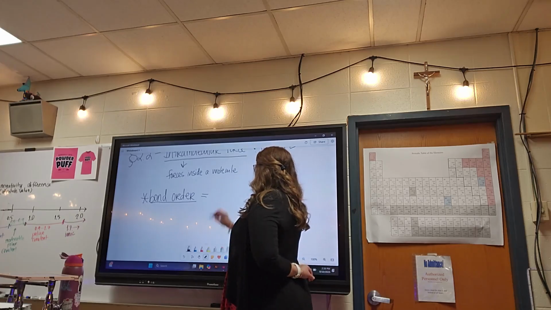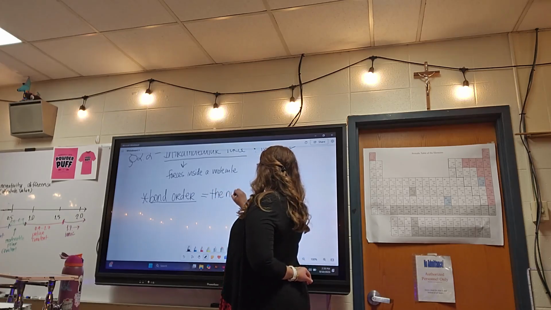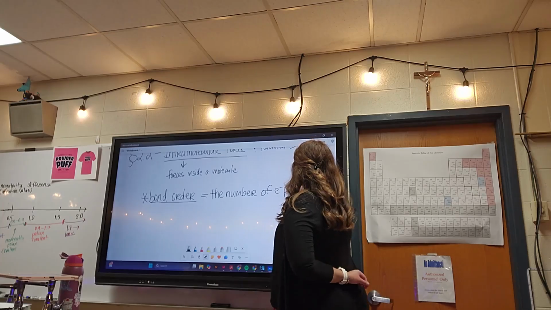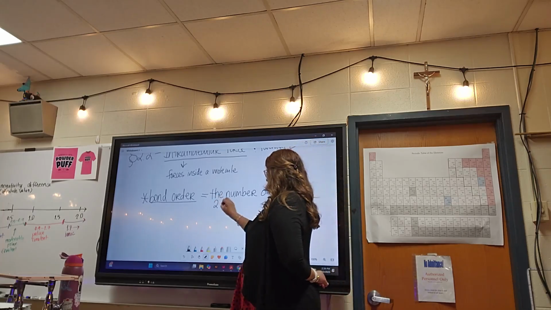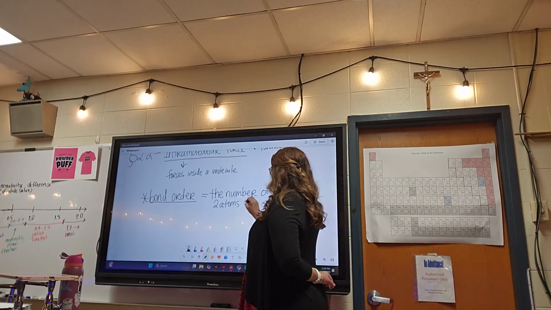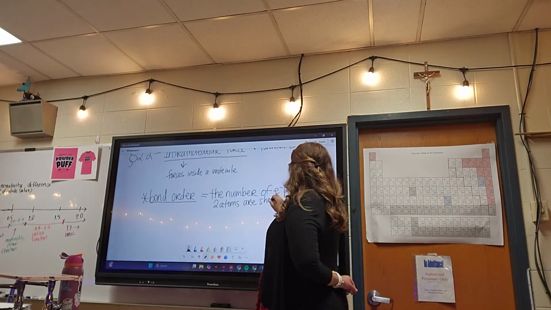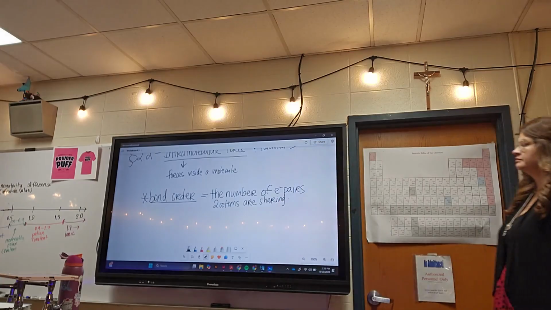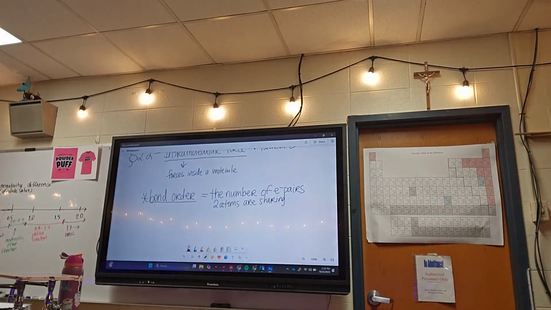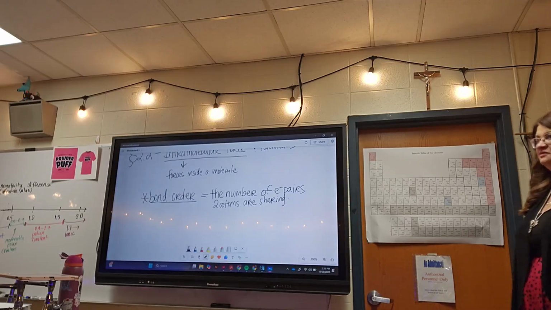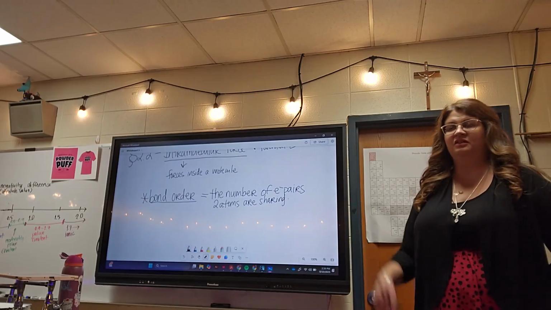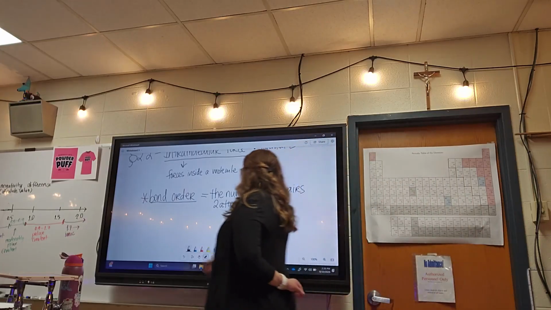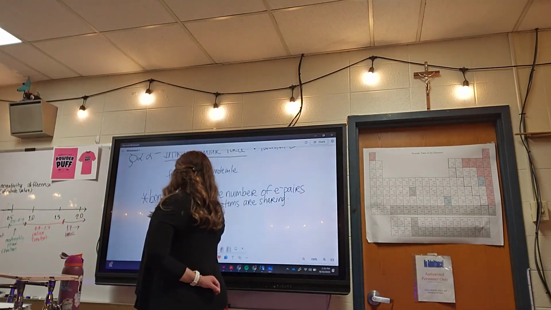Bond order is the number of electron pairs 2 atoms are sharing. The options for bond order are either first order, second order, or third order. That's it. So a single bond is what we call a first order.